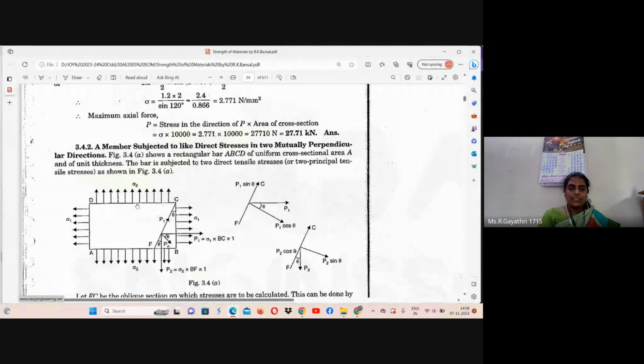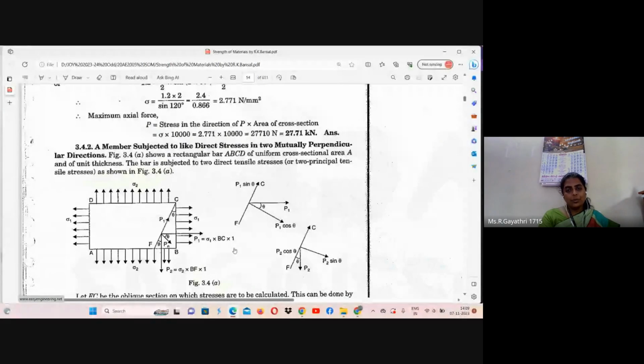This member has uniform thickness, so we can take the area as BC into 1, height into thickness. This is a vertical member, so we can ignore the horizontal dimension. Thickness is 1. This is a lamina, unit thickness.